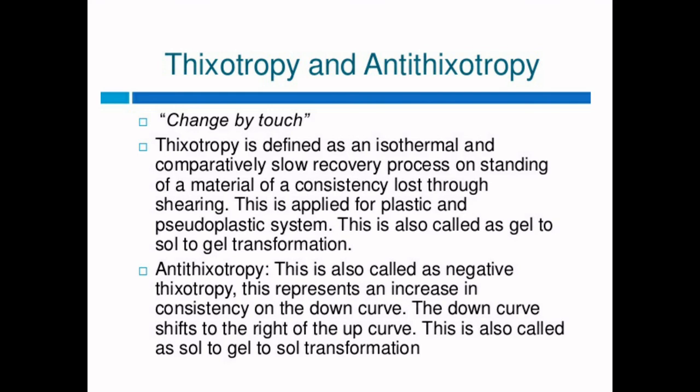This is also called sol to gel to sol transformation. It means that when force is not applied, the consistency does not return properly to the gel consistency. So this is just the opposite of thixotropy, and this is called anti-thixotropy.